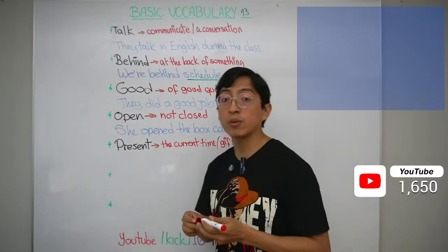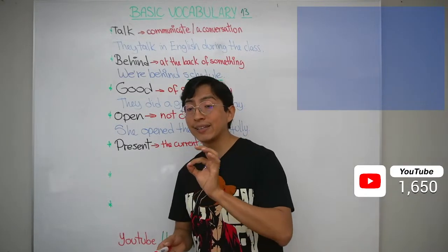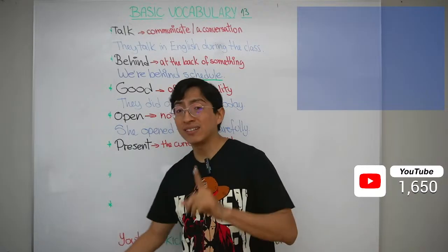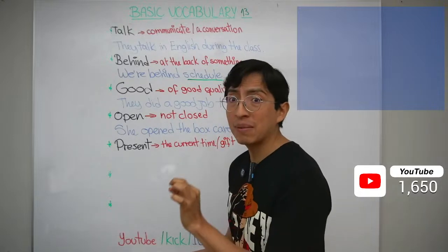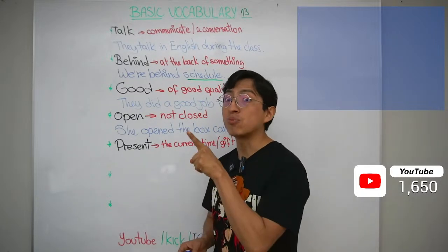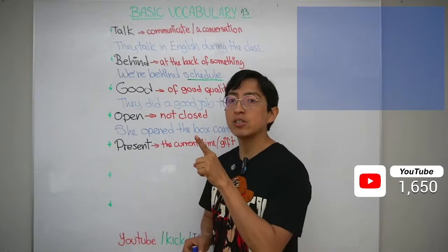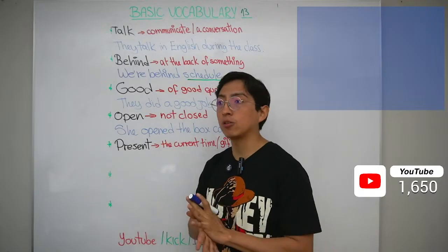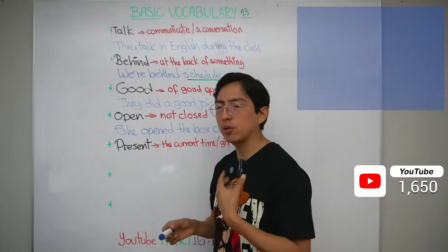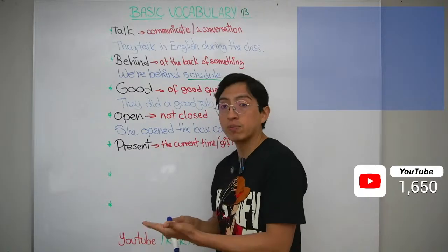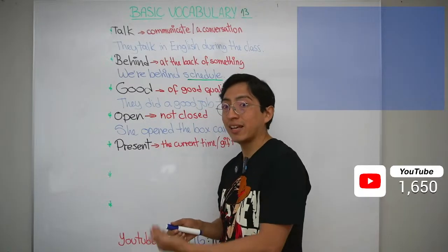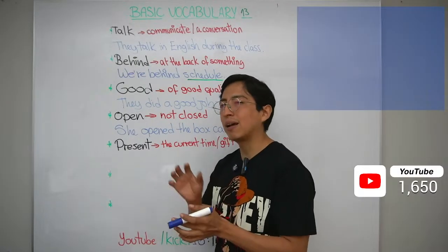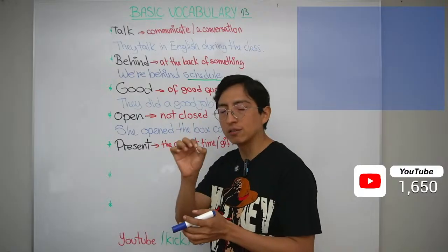So the pronunciation is present. But there is also an extra meaning. We use "present" with a different pronunciation when we're talking about an action. I'm going to present my report. I'm going to present the project. In that case, the pronunciation changes.